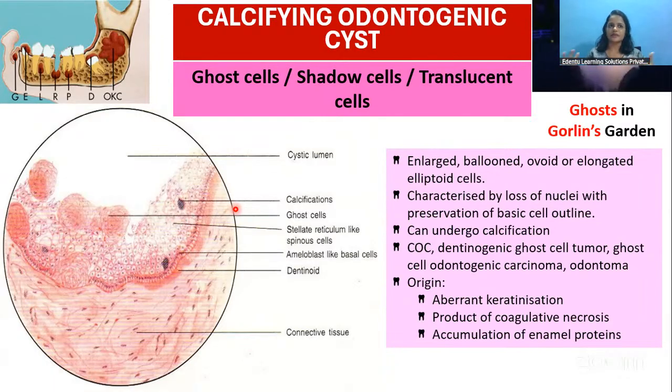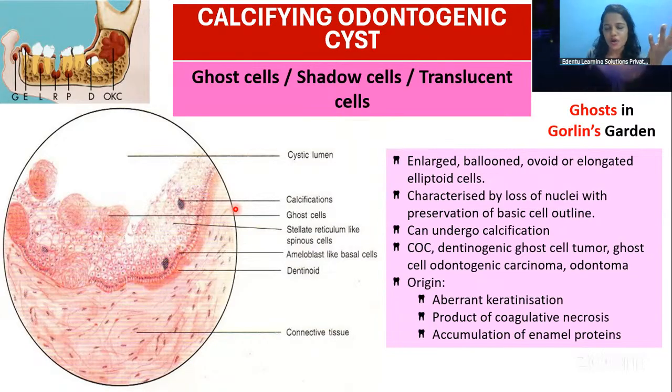Again, like the Russell bodies we had discussed, there are three schools of thought regarding the ghost cells also. Some say it is because of aberrant keratinization, that is, lots of keratinization happening without organization, so that resulted in the formation of ghost cells.